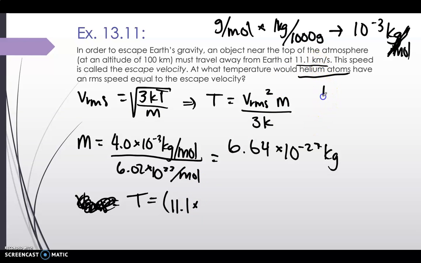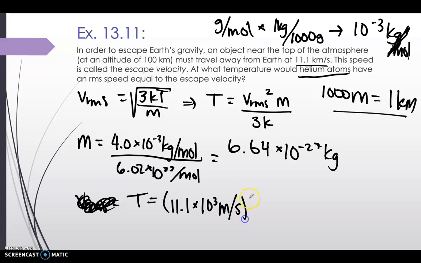So remember, there are 1,000 meters in 1 kilometer. Okay, so I'm going to put times 10 to the 3rd meters per second, and this is going to be squared. Okay, multiplied by my mass. Okay, and then divided by 3 times K.